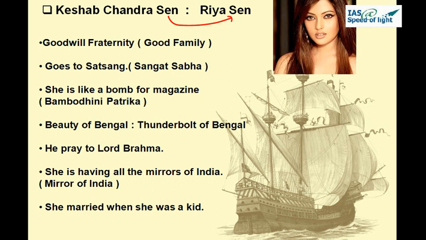So from goodwill fraternity we get good family. Okay, so Riya Sen comes from a very good family, a family of Munmun Sen. She goes to satsang every day. Satsang. From satsang we get Sangat Sabha. So goodwill, fraternity, good family, and satsang we get Sangat Sabha.